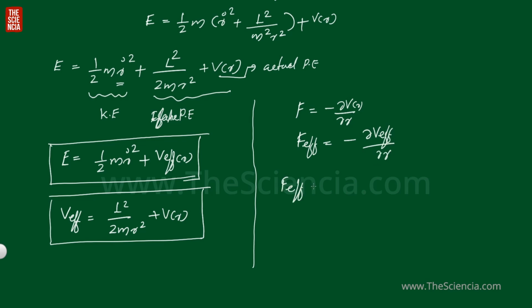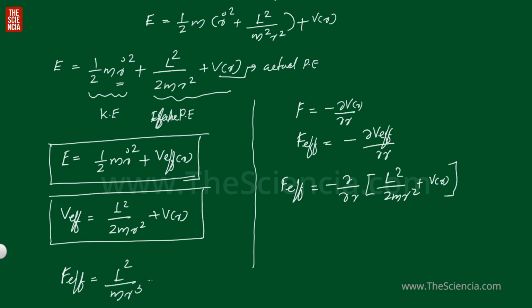We get F effective is equal to minus dou by dou r of L square by 2 m r square plus V of r. So what we get? We get F effective is equal to L square by m r cube minus dou V of r by dou r. These are very important equations. Please remember. Okay.